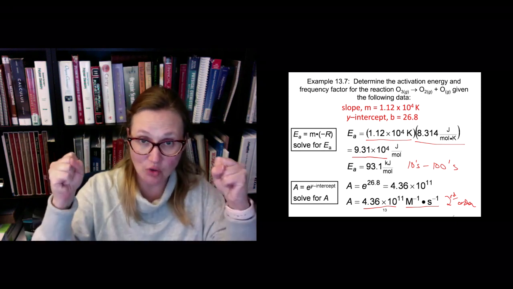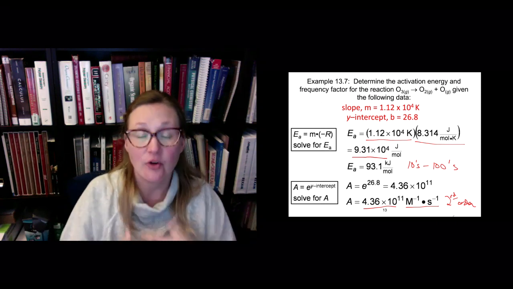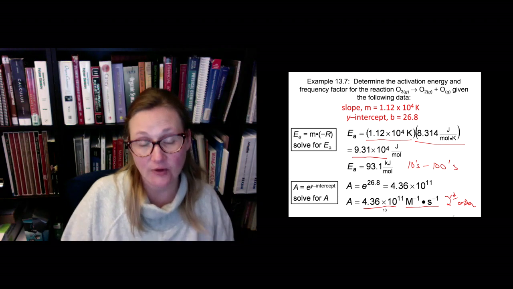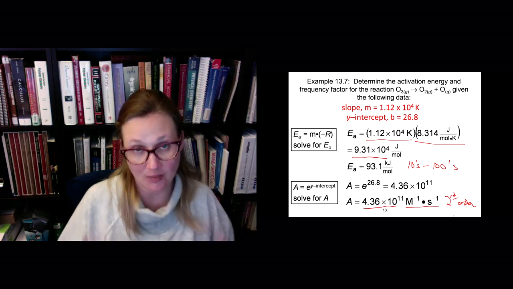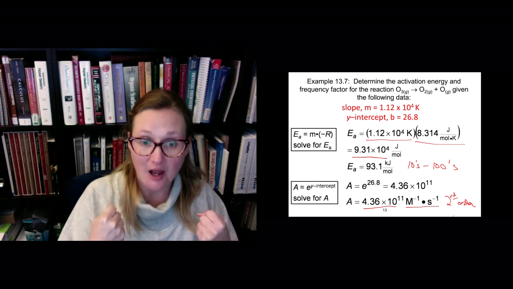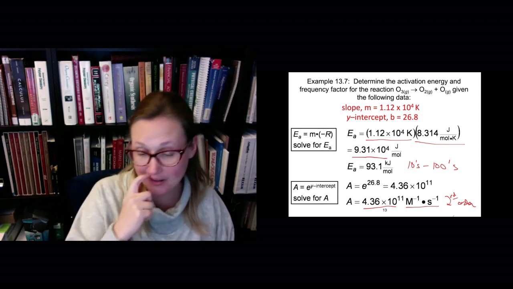You have to have two things come and collide in order to get a reaction, and that's what the frequency factor is talking about, how many molecules are colliding, the collision frequency. So it's like a second order rate constant.